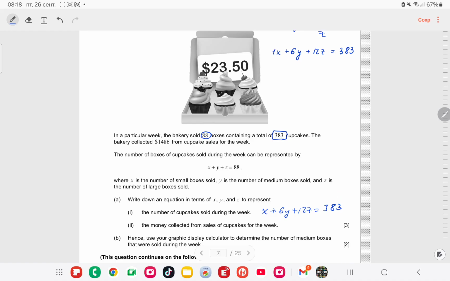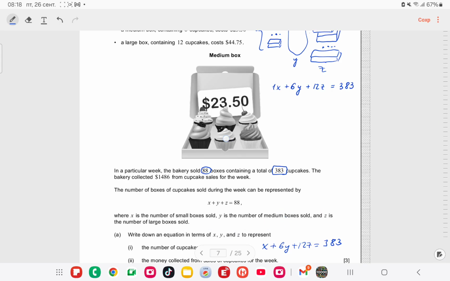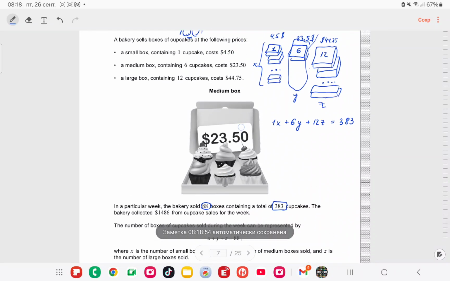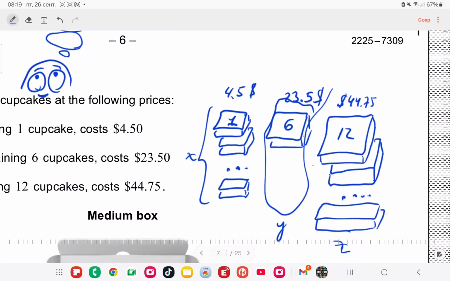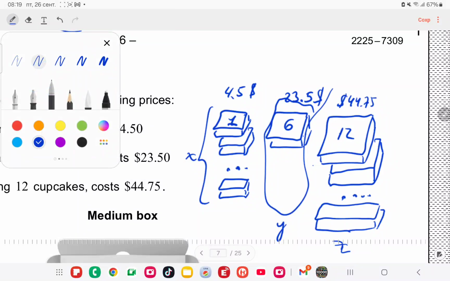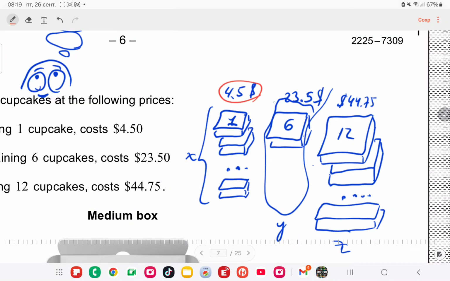Okay, done. Now the money collected from sales of cupcakes for this week. Now we are talking about the money. If we think in terms of the boxes, the smallest box costs this much, the medium that much, and the large one that.